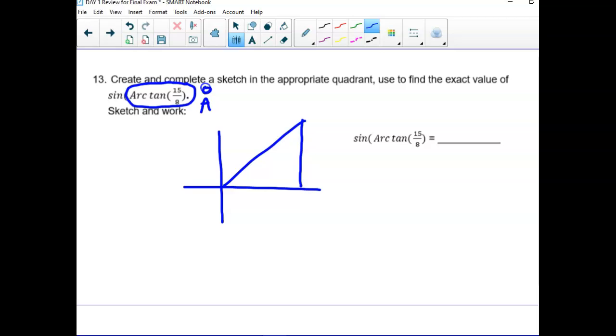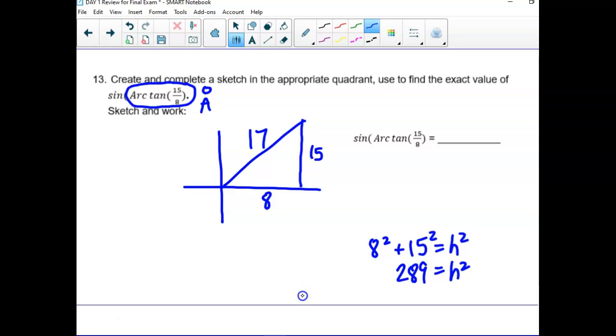Tangent is opposite over adjacent, so 15/8. We need to do Pythagorean theorem. Is it 289? And then the square root of that is 17. Did I do it right?